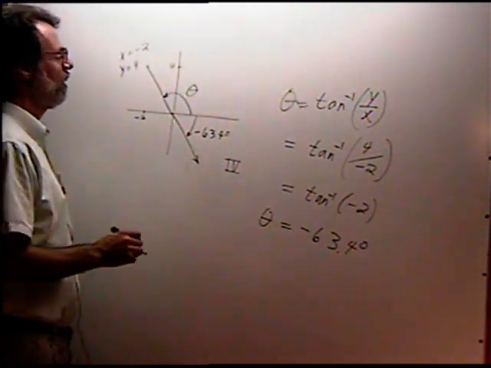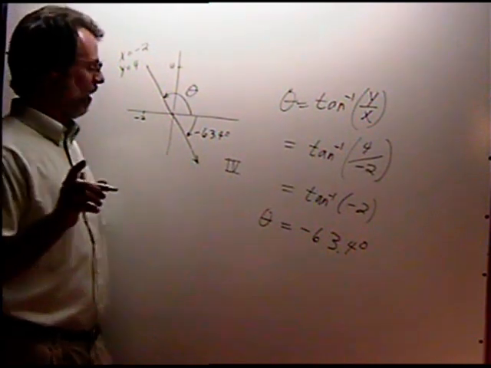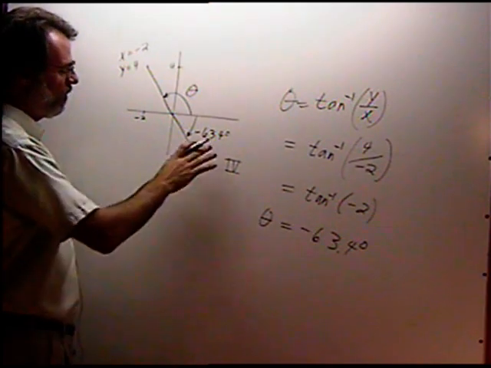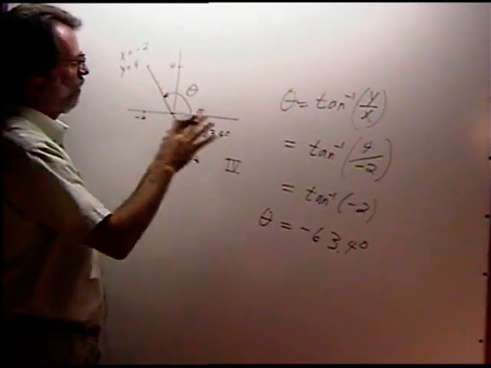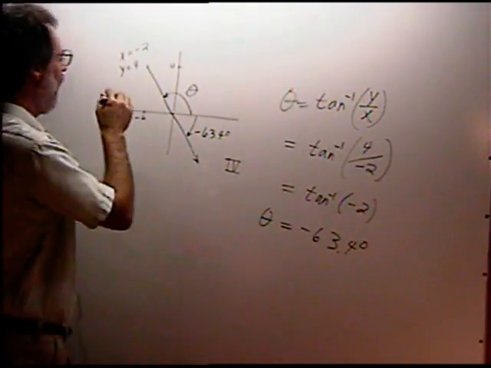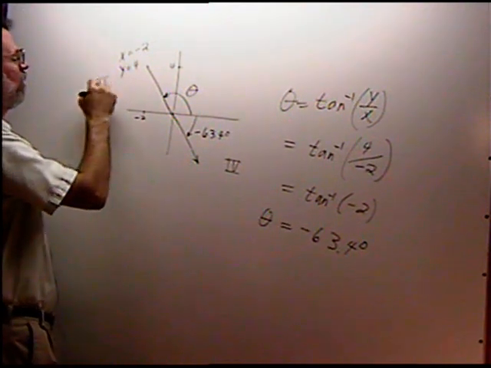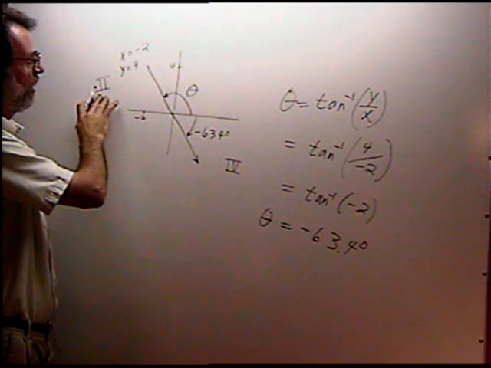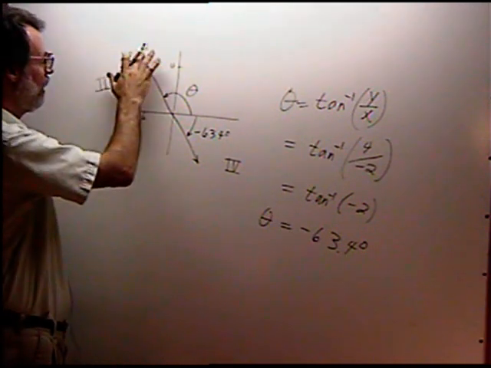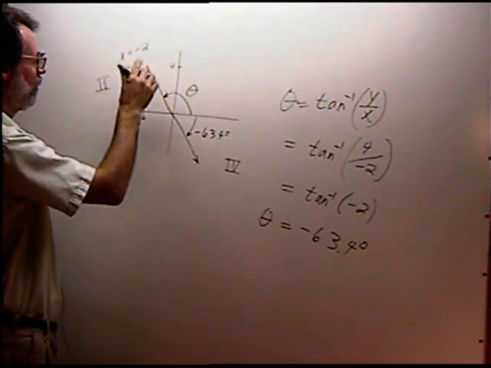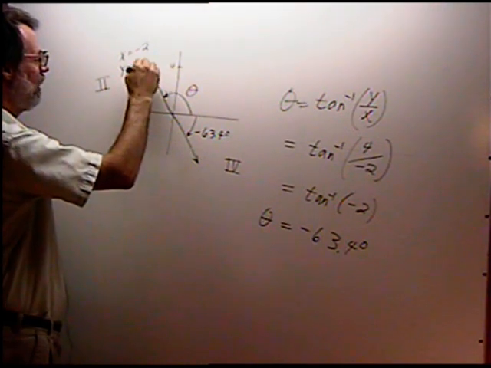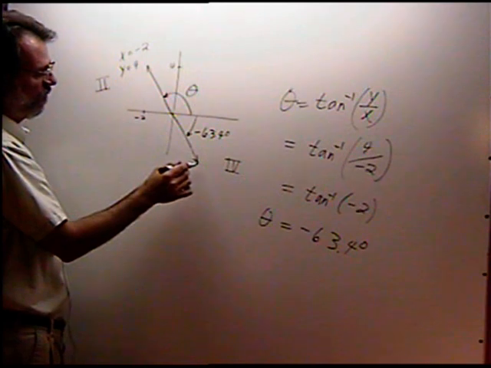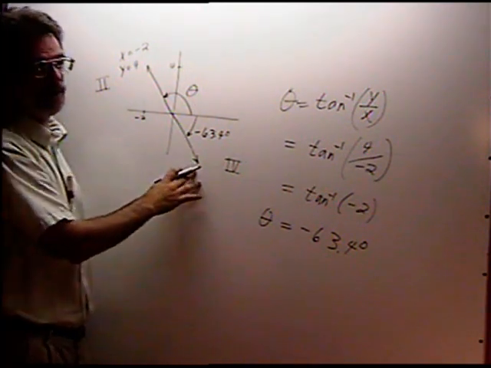There's a couple things you can do. One thing is, whenever you do this, draw what quadrant you're in. You have to know that you're in quadrant 2. To do that, you have to know the x is negative and the y is positive. This point clearly is in quadrant 2, although the calculator is giving you an angle like you're in quadrant 4.